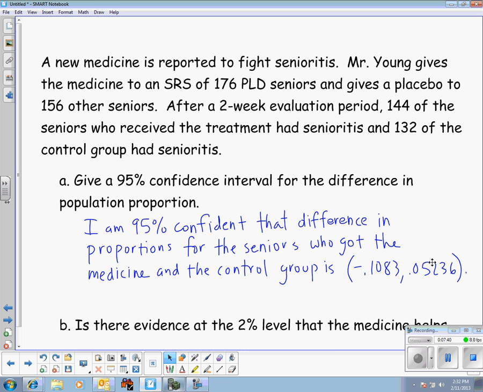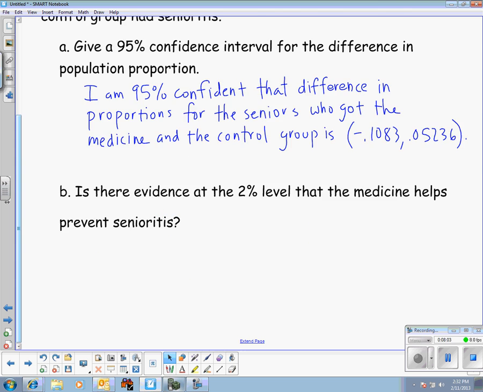So as of right now, I'm thinking that it might have worked, but there's part of this interval, about a third of this interval is on the positive side, which would mean that the seniors in fact got it more without this particular drug. The placebo actually did just as well for them. So let's see if we can figure out more with the significance test.